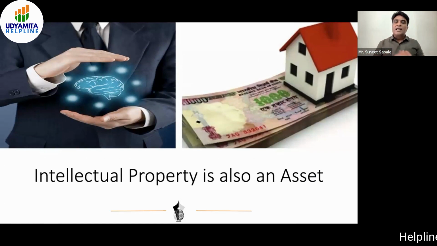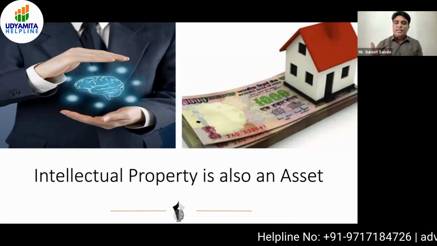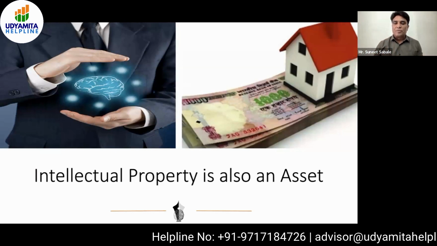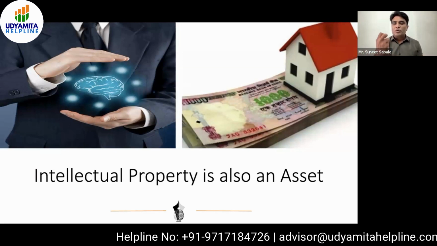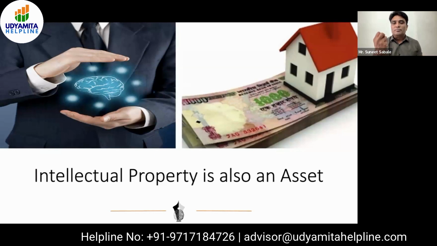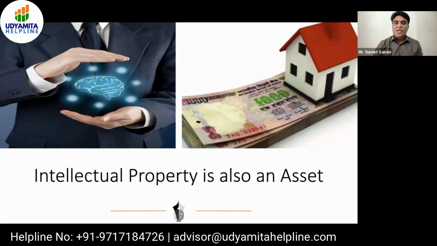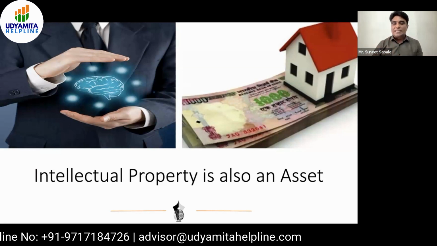Like other assets, intellectual property is one of the biggest assets that a company owns. In foreign countries, for example, there was a takeover of Motorola by Google initially, and then by Lenovo. Do you think that Google took over Motorola for their physical assets?